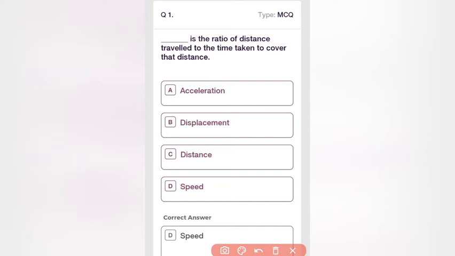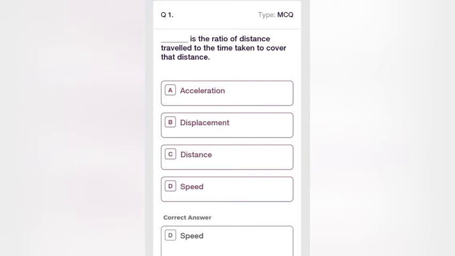Speed is the correct answer because we know that speed is equal to distance by time. It is the ratio of distance and time. So option D is the correct answer.